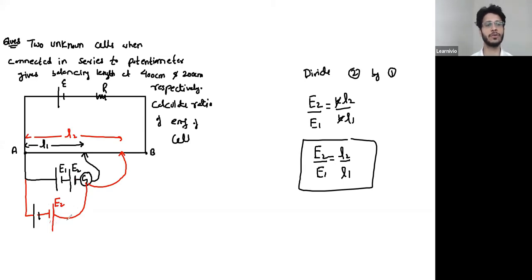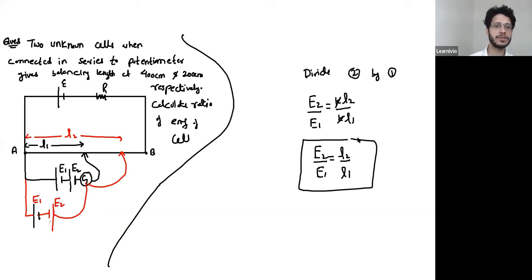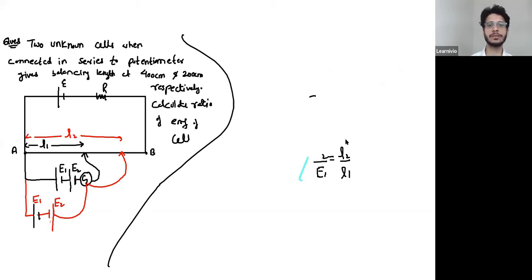It's not that straightforward, so you basically have series and parallel combination of cells. I will solve this numerical. This 400 is not for a single cell, this is for the combination of cells.